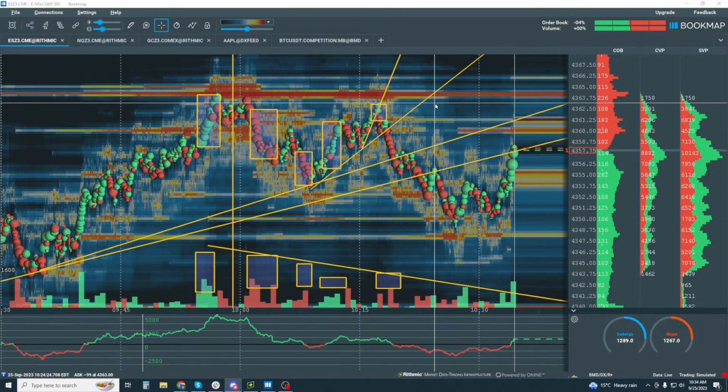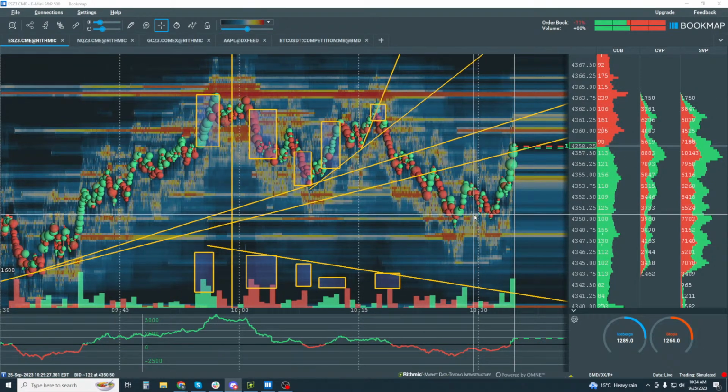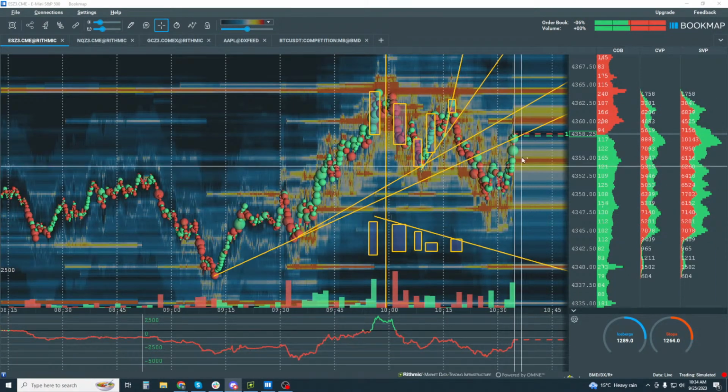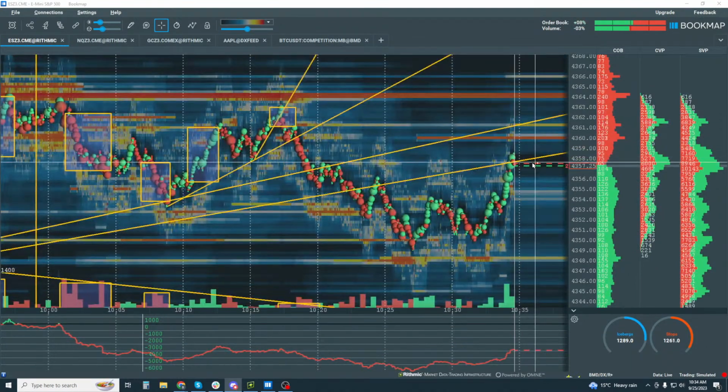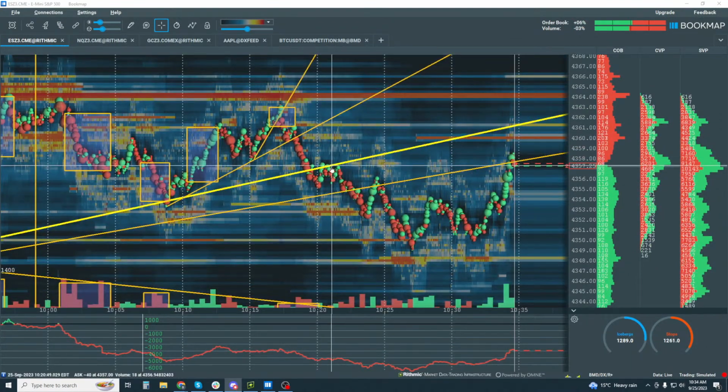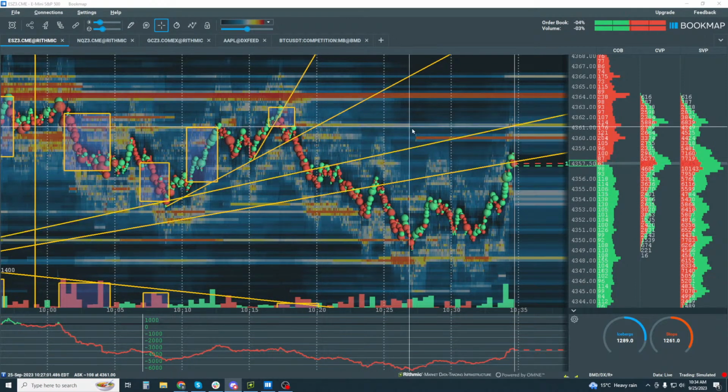Okay, buyers giving it one more strong shot here. Look at this. Look at the buying coming in. Let's see if they can do it. They've gotten to this swing here. The liquidity is at 60.